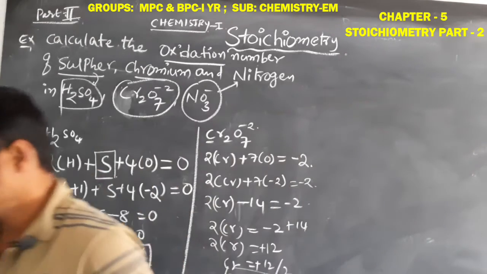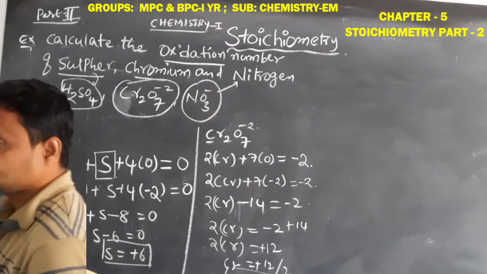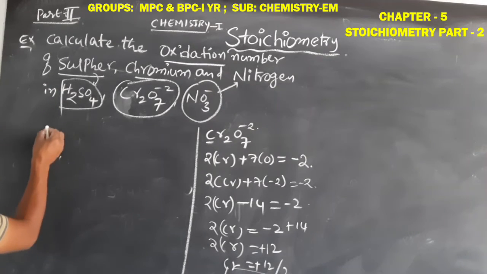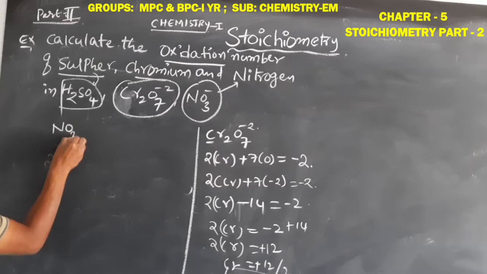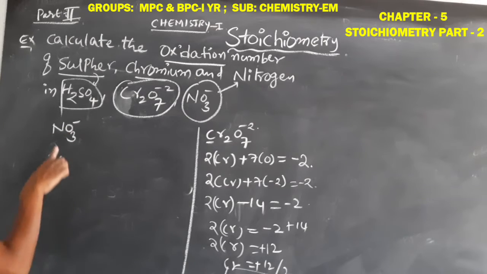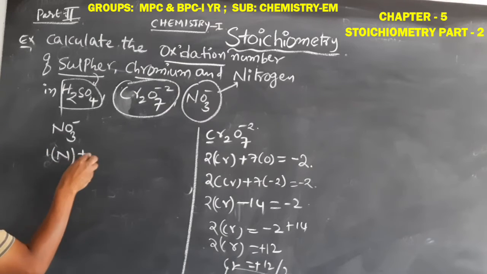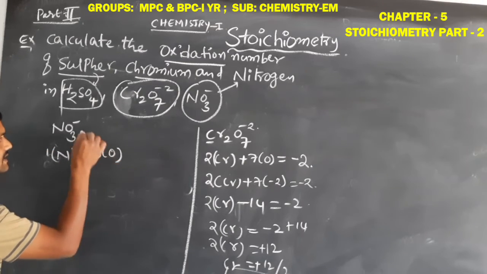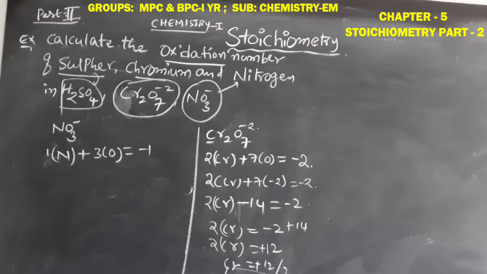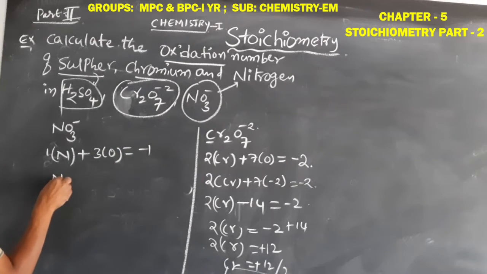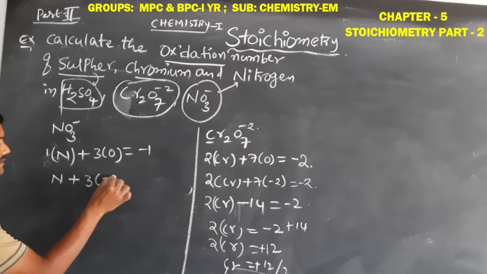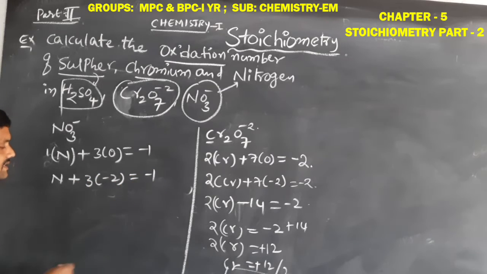Okay students, then we solve another example, NO3 minus. Same process. Here we find the nitrogen. How many nitrogens? Only one nitrogen, plus 3 oxygens, equals minus 1. The oxygen oxidation number is minus 2, so nitrogen plus 3 times minus 2, which is minus 6, equals minus 1.